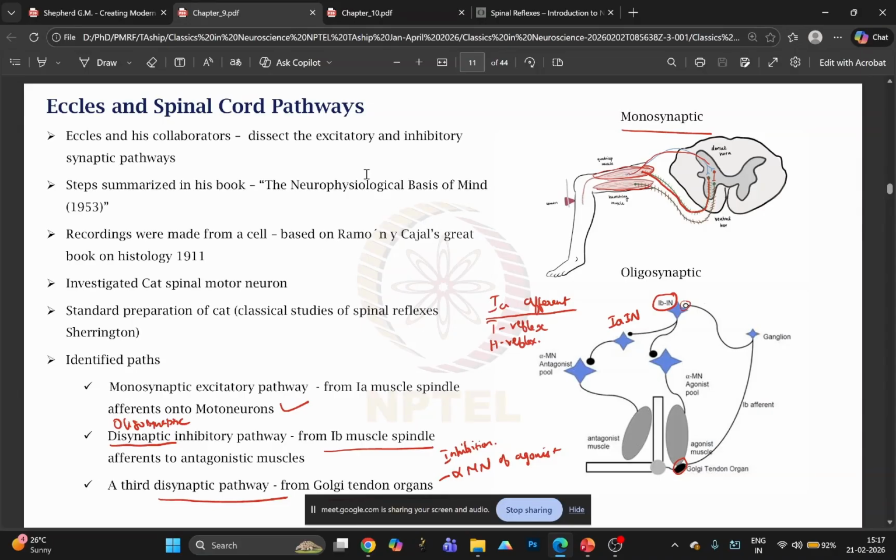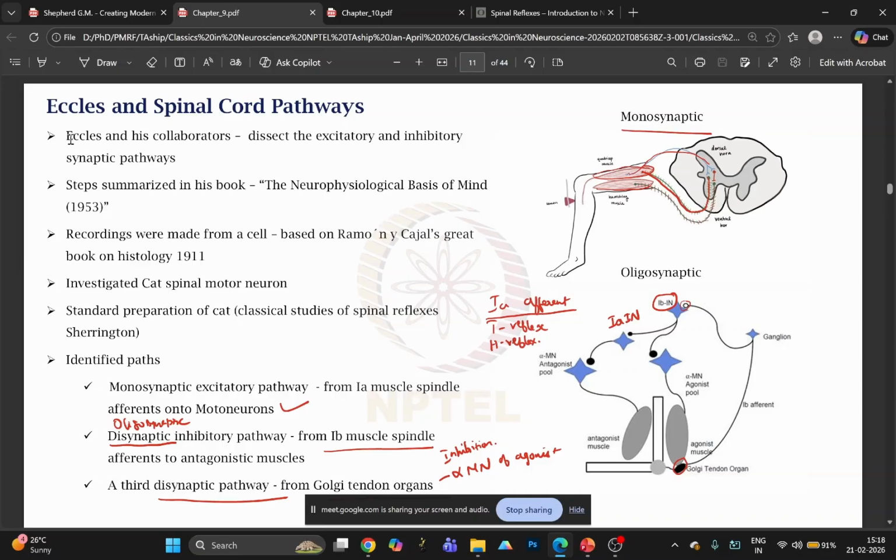Many things had been identified by Eccles and other students of Sherrington and other collaborators, but there was still one thing left: the complete circuit, some of the things that were left to be identified. So what was that?